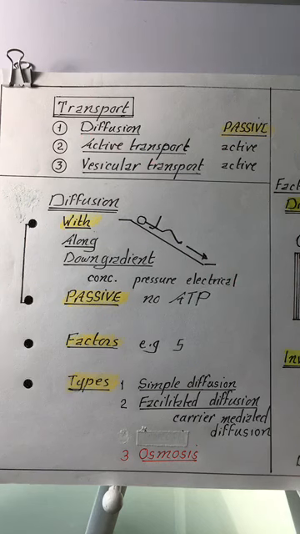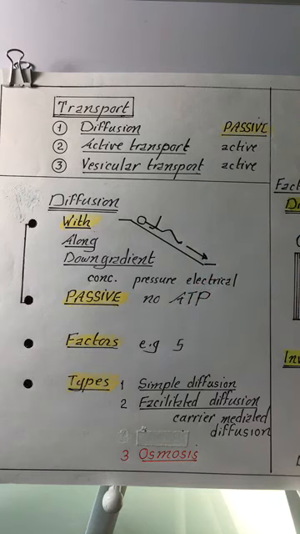This means that positive ions attract negative ions. In this case, we do not say that ions diffuse along concentration and electrical gradient. We call it electrochemical gradient. When ions diffuse along both electrical and concentration gradients, we call it electrochemical.